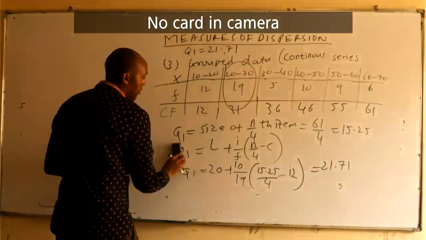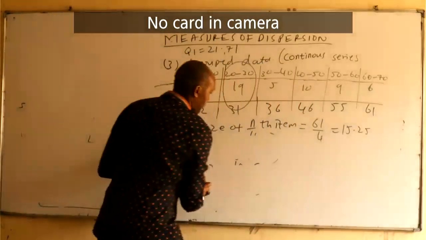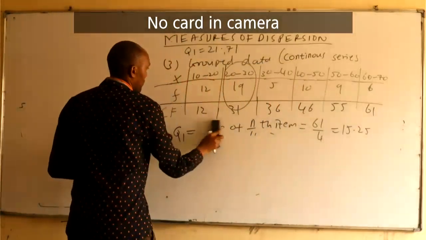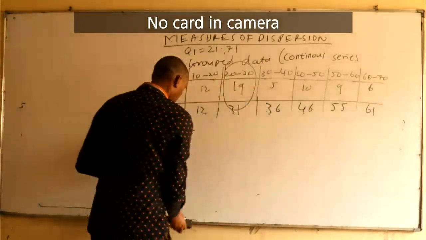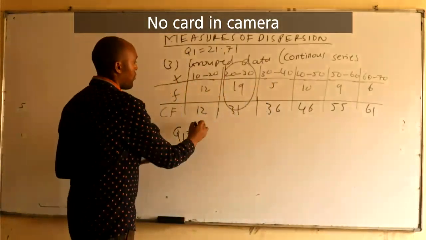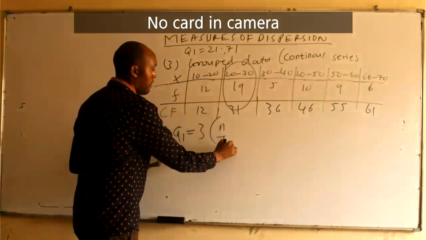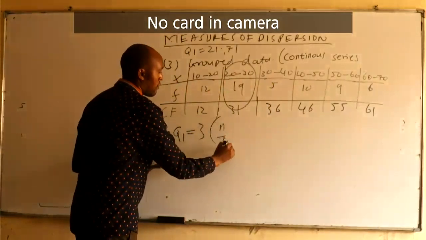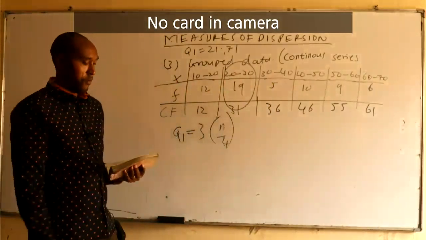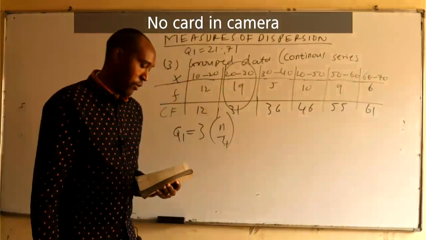So now let's look for Q3. Remember, Q3 is the 3N over 4th item. That's the formula for getting the nth item for Q3.